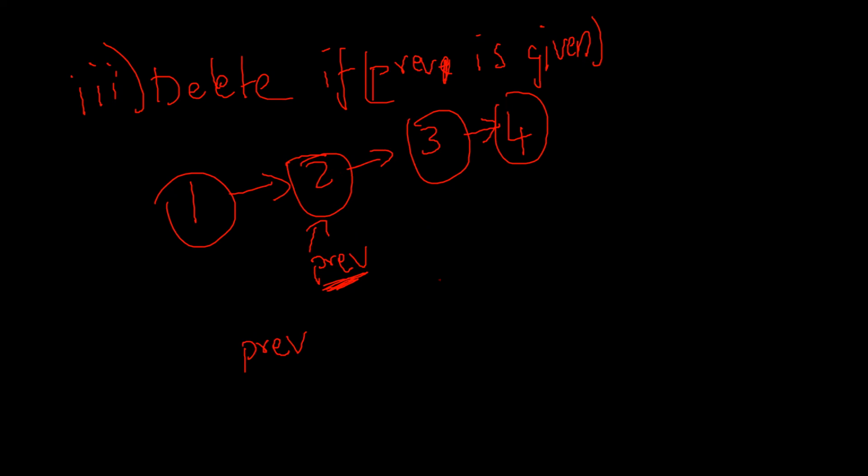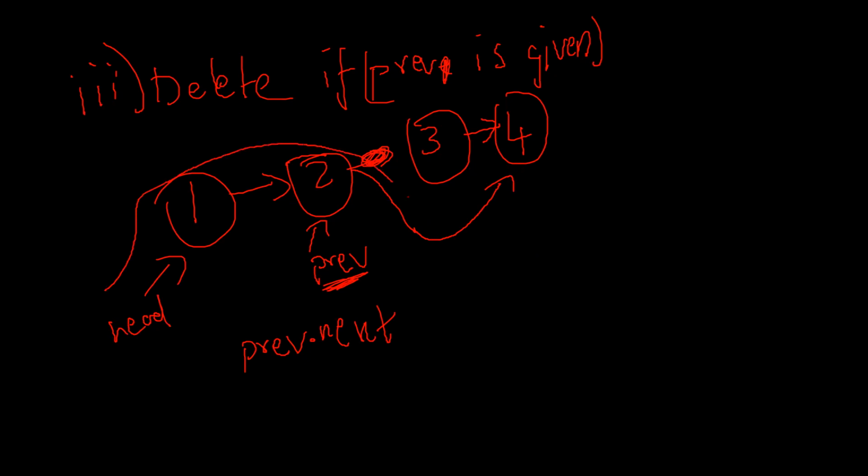Here we don't want to delete the whole linked list. We just want to update previous dot next to previous dot next's next. So updating it here, the moment you update it here, this is our head, right? So from here, our linked list will be like this. Cool. Got it?